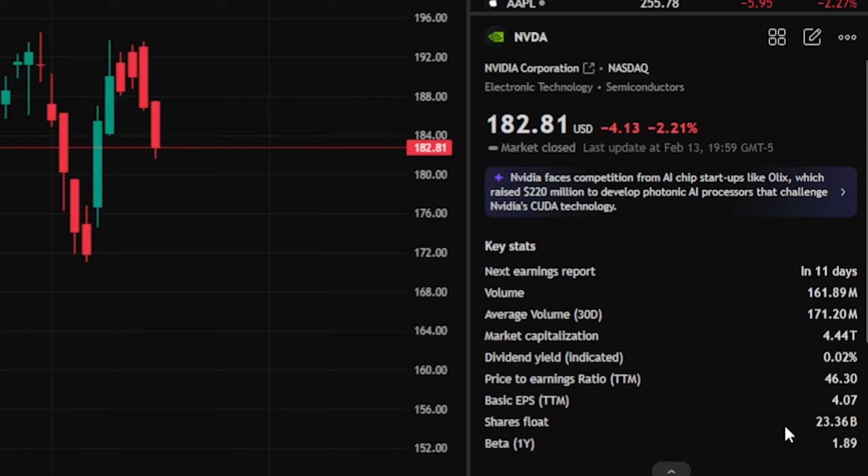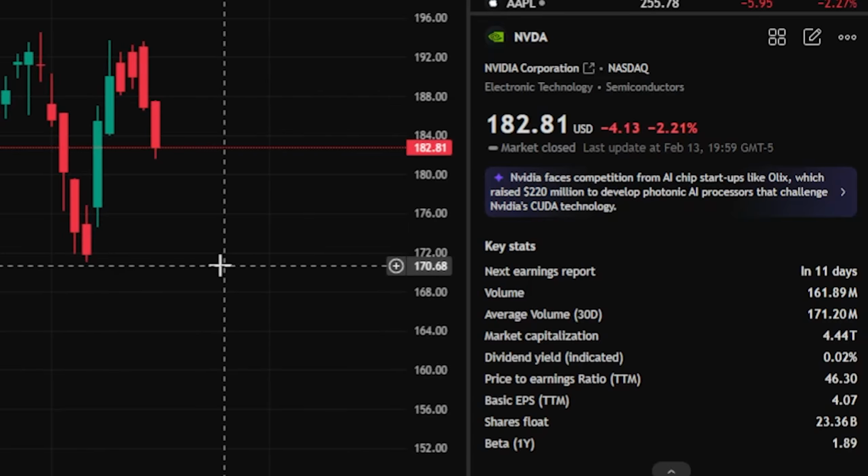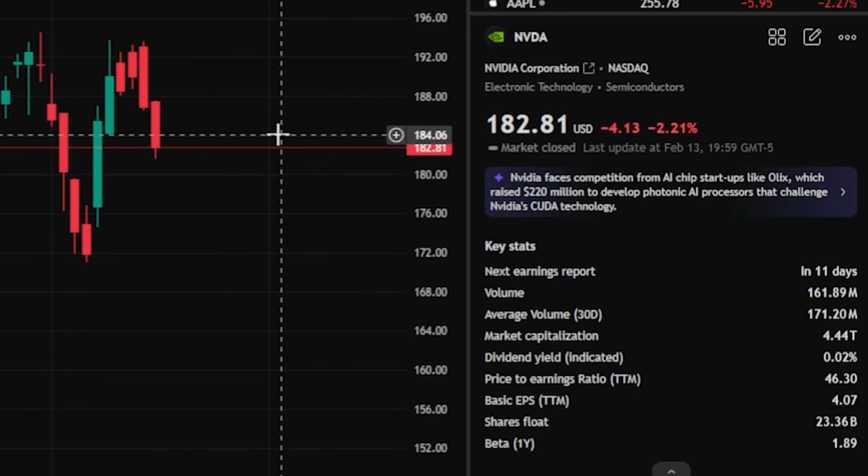Last I calculated it, Nvidia came out to be 184. So you can expect that 184 would be a decent area to buy it. That would be essentially fair value, based on how many shares are available for purchase and how many people have put money in there. How many people want this type of company?